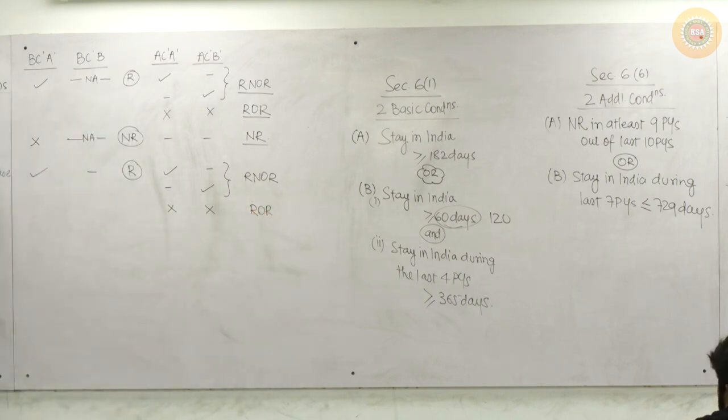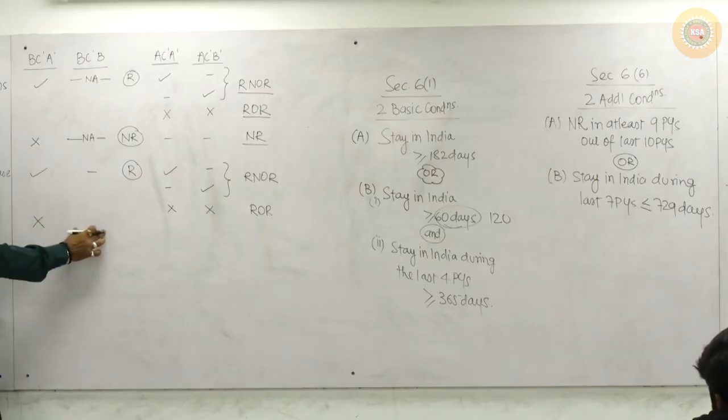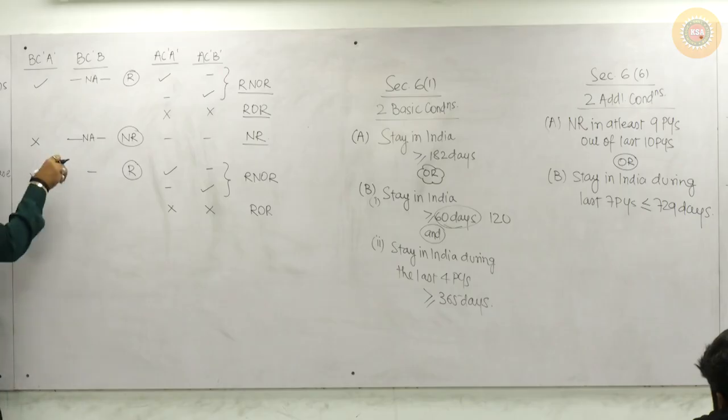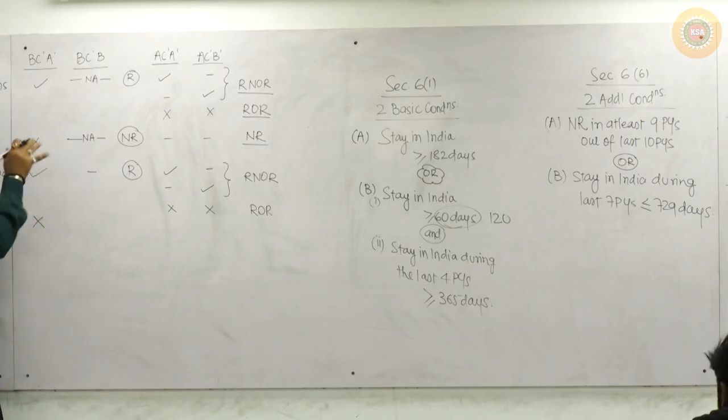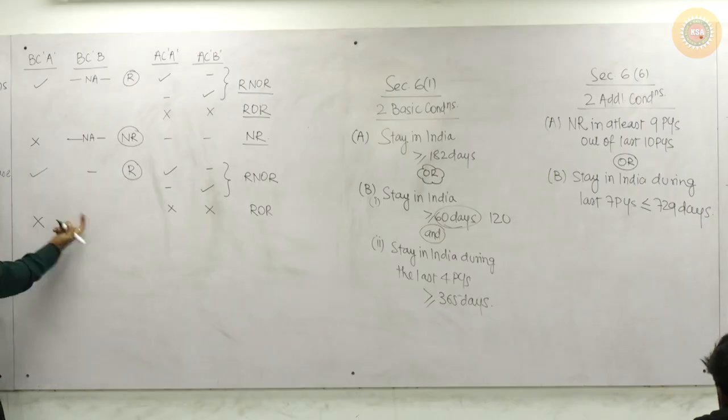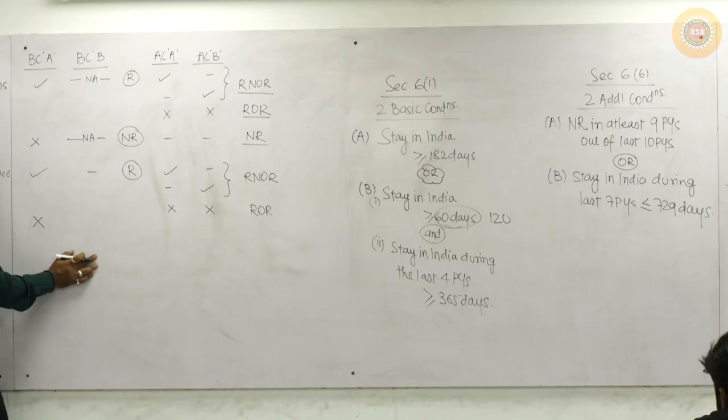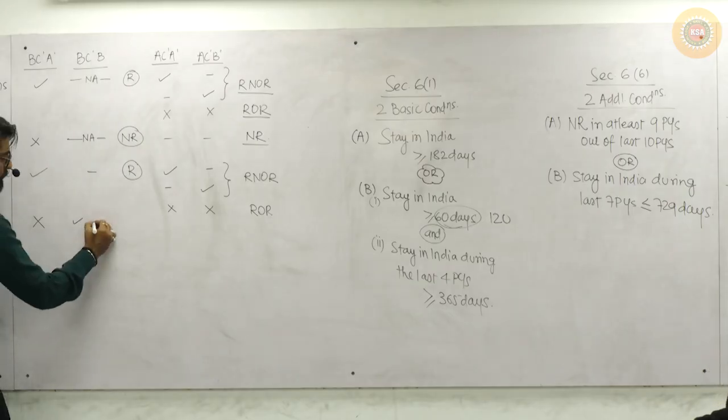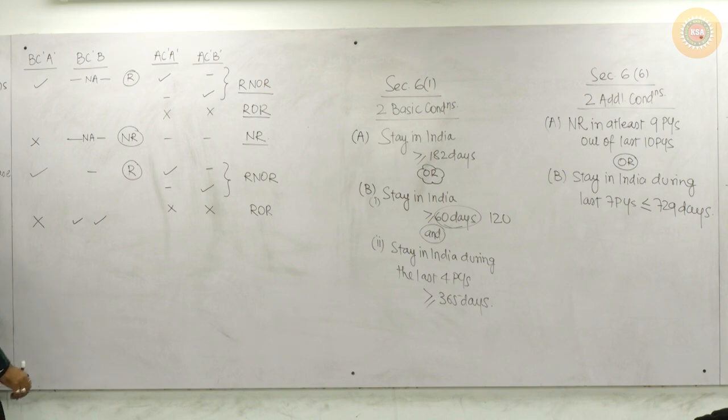Sure, sir. Now tell me, special case is there? Basic condition A, not fulfilled. Will you check basic condition B now? In special case, basic condition B is applicable. If you don't satisfy A, go and check basic condition B. Now basic condition B will be normal or special? 120 days or more during the relevant year, and in the last 4 years, 365 days or more.